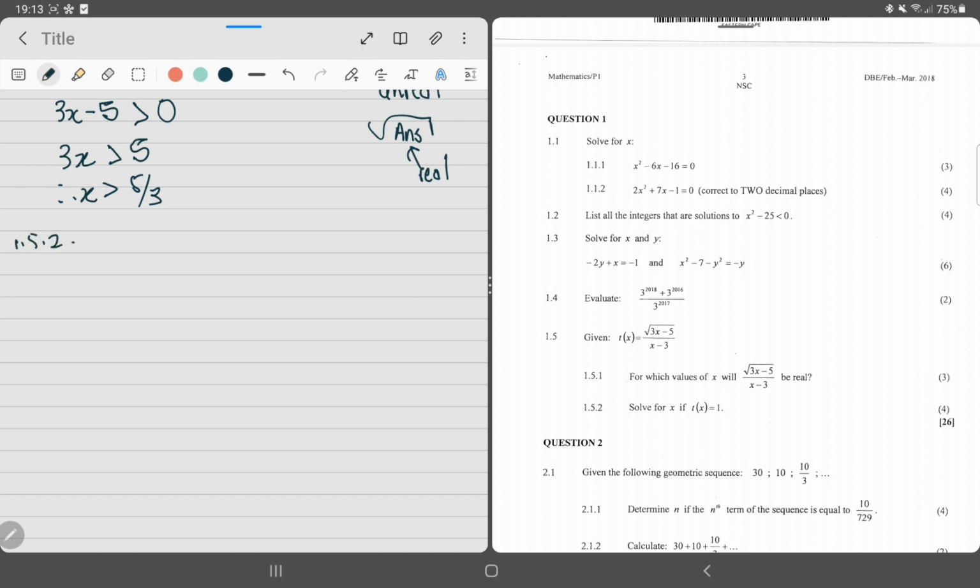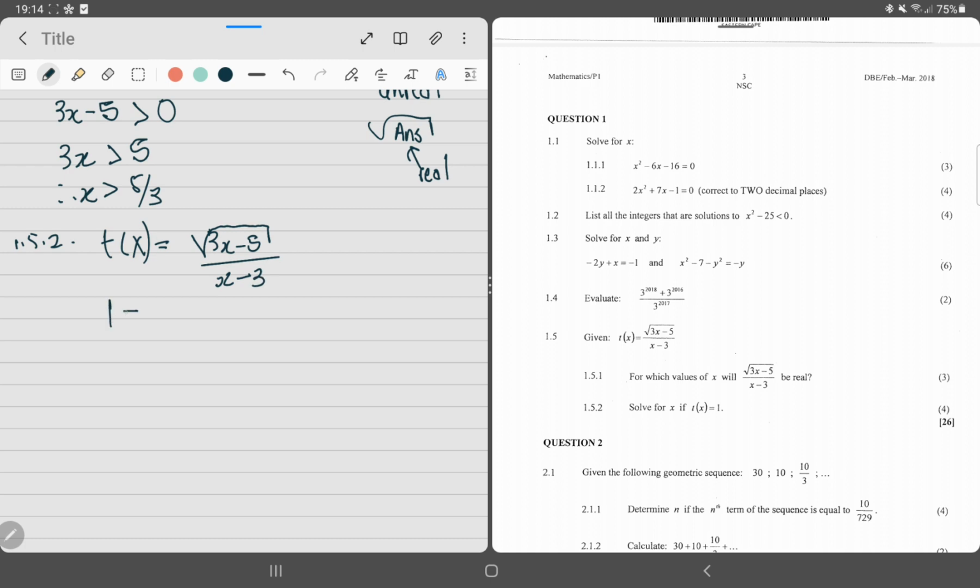1.6. Solve for x if t of x is equal to 1. So t of x is given as equal to the square root of 3x minus 5 all over x minus 3.